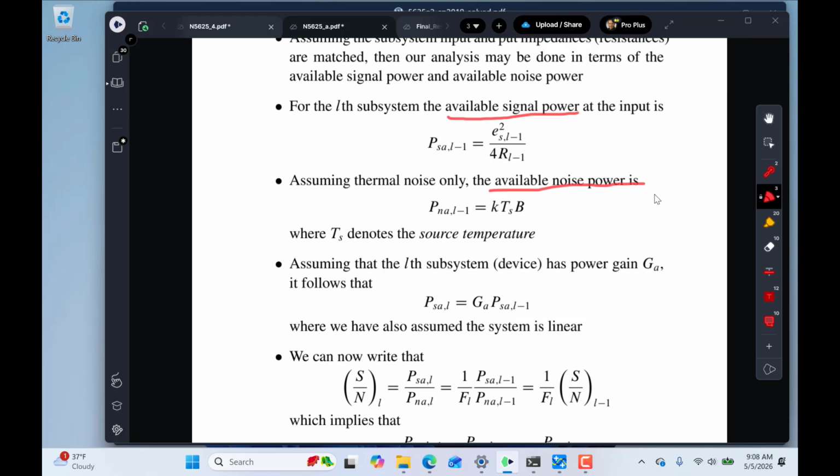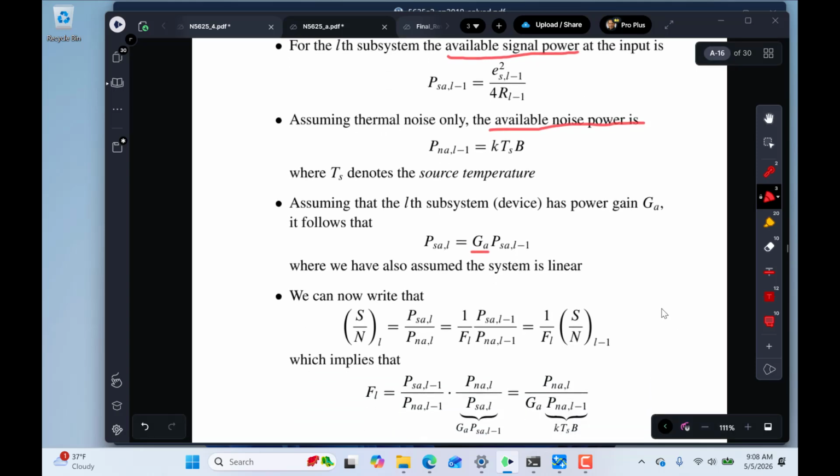So we have some relationship for the signal power. The signal power just gets the gain of our device in the cascade times the input signal power to give the output signal power. What happens to the noise, though?